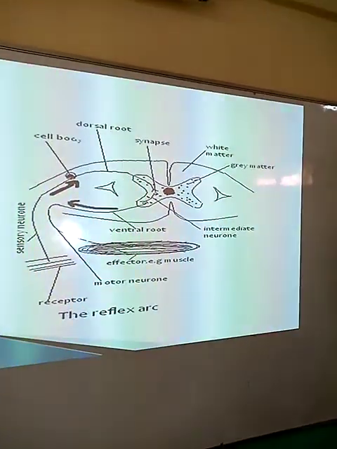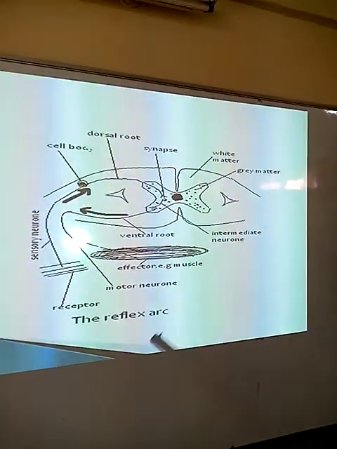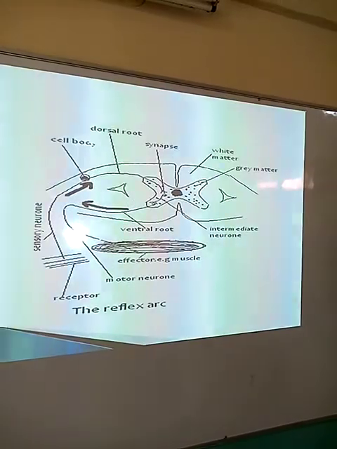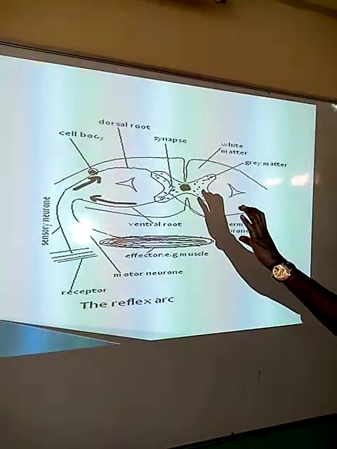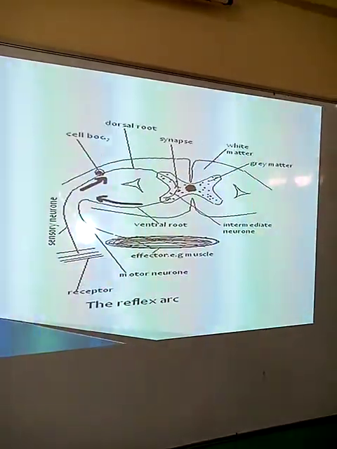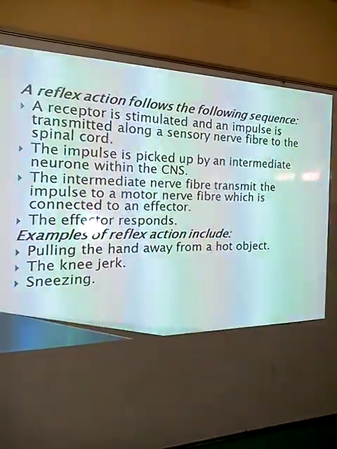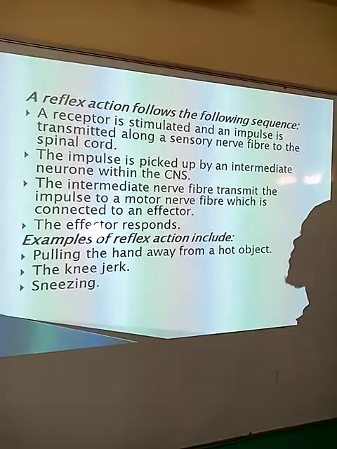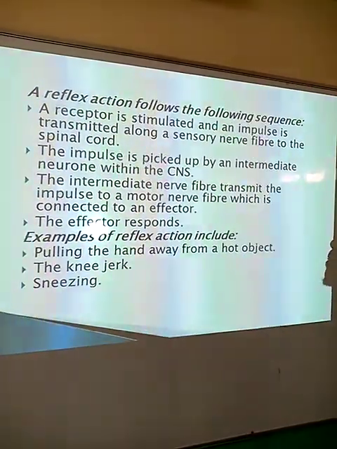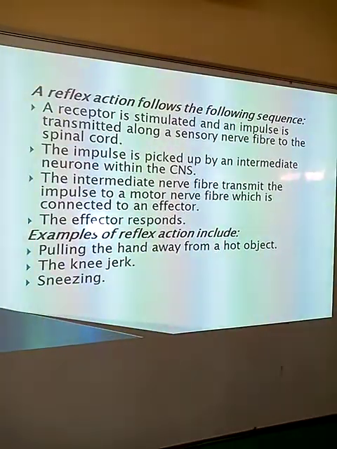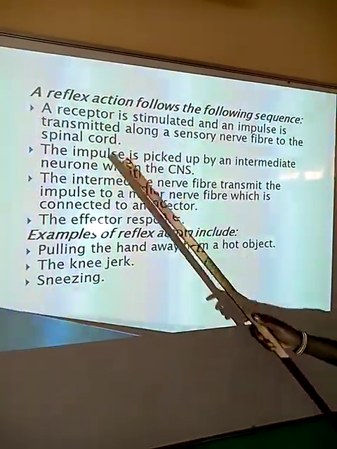So this is just a diagram that is showing that. Maybe somebody can ask why that is the case, but we are going to look at why we're talking about the white matter and the gray matter. So a reflex action follows the sequence below. A receptor is stimulated and an impulse is transmitted along a sensory nerve to the spinal cord.